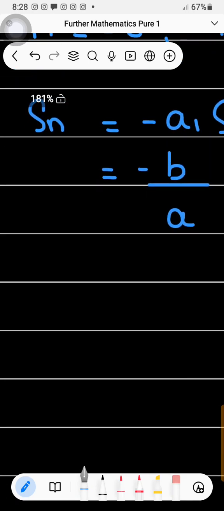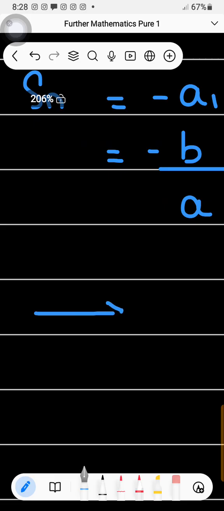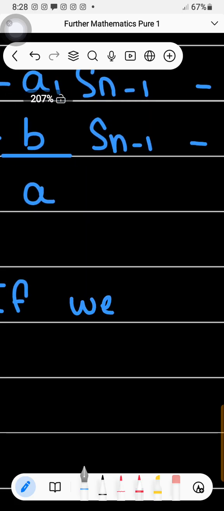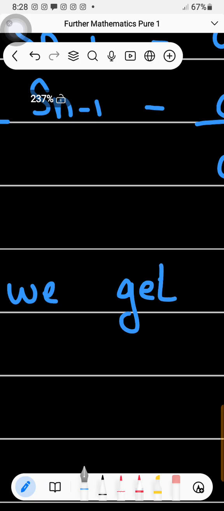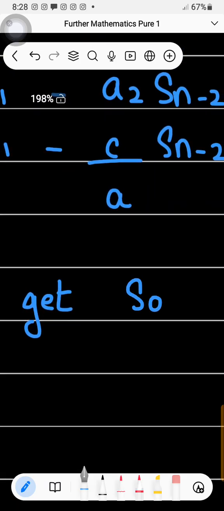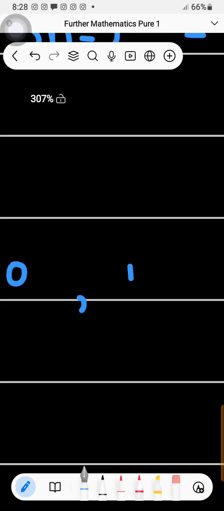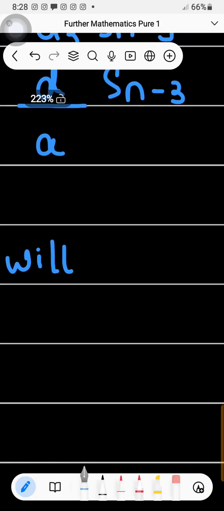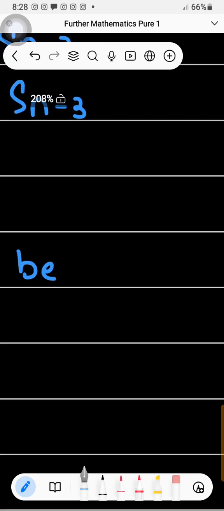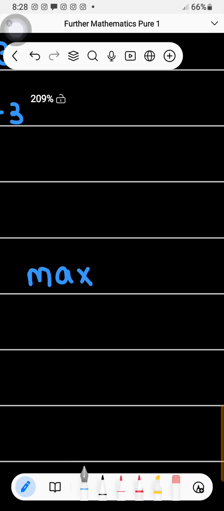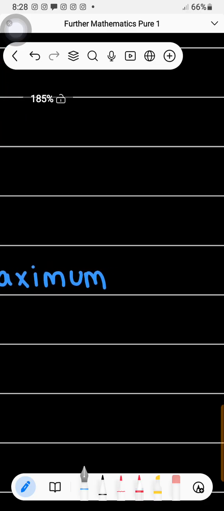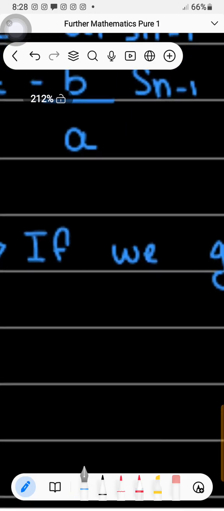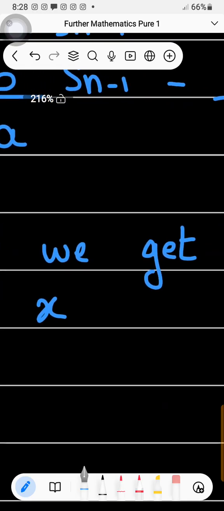And I have to give you a note. If we get S0, it will be the maximum power of x in the equation.